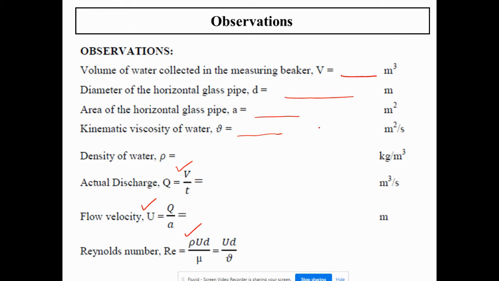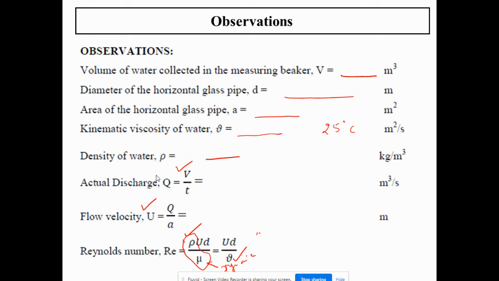At room temperature, let's say 25 degrees centigrade, we take the kinematic viscosity. If we are using kinematic viscosity, we use this formula because rho upon mu can be written as the kinematic viscosity, or else you can use the dynamic viscosity. Most people make a mistake here, so please consider this. The density of water is 1000 kg per meter cube.